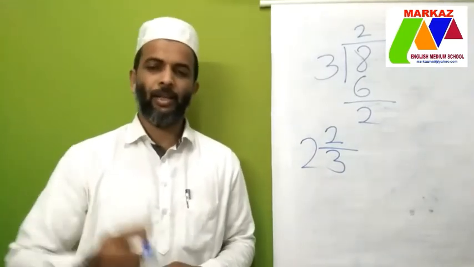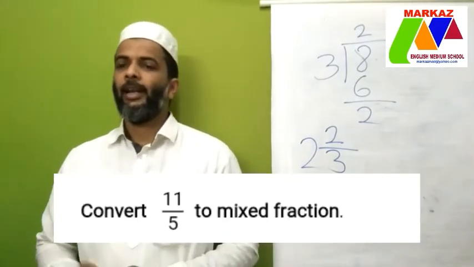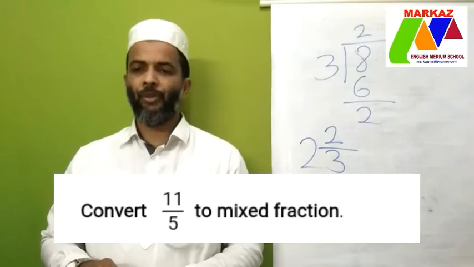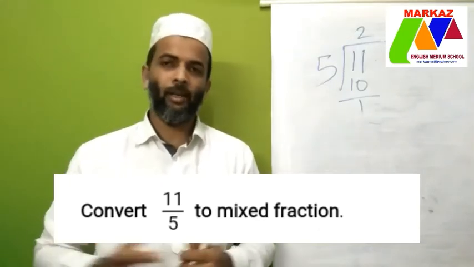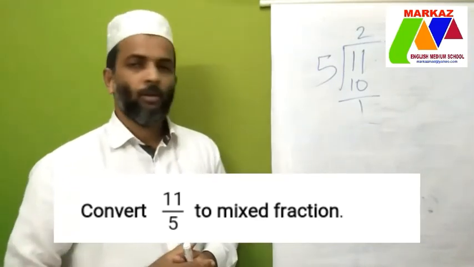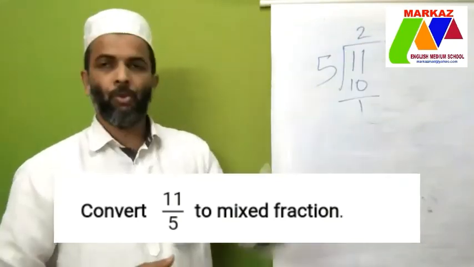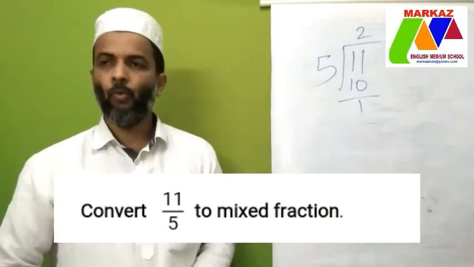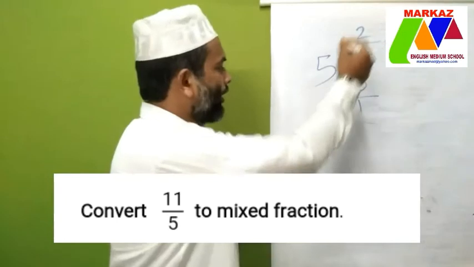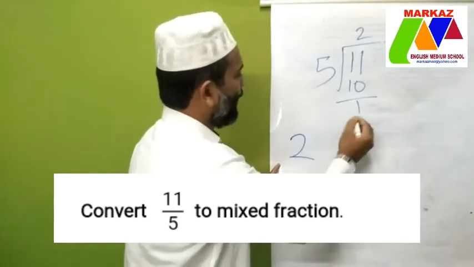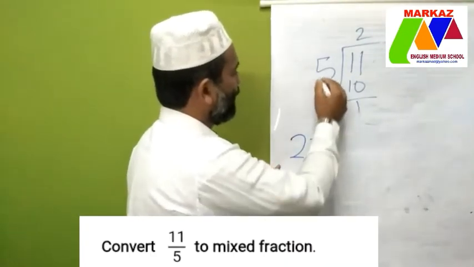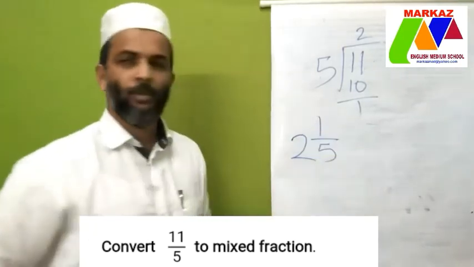Okay. Second question. Convert 11 by 5 to a mixed fraction. Look here. Quotient is 2. Remainder is 1. Right? First write quotient. Then write remainder. Then divisor.